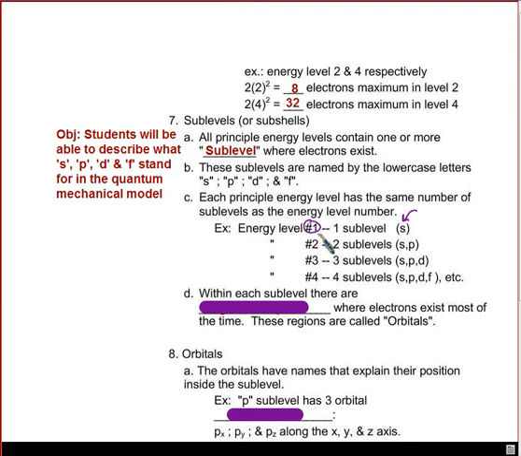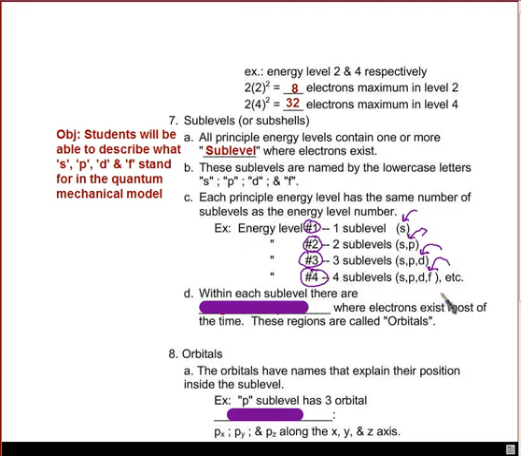Then energy level 2 has two sublevels, S and P, and the first time we see P is in the second energy level. The third one has S, P, and D, and the first time we see D is in the third energy level. The fourth one has S, P, D, and F, and the first time we see F is in the fourth energy level. And it keeps going on.